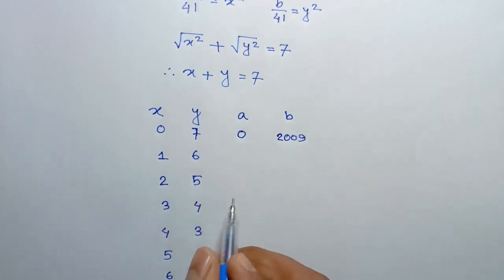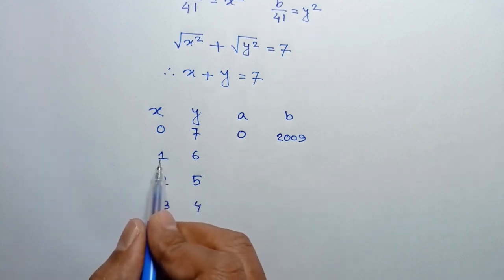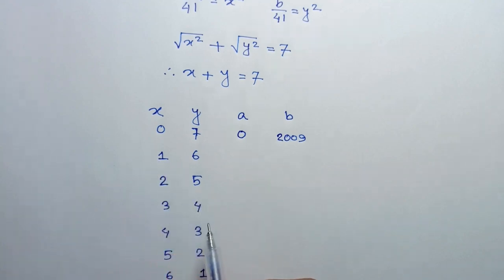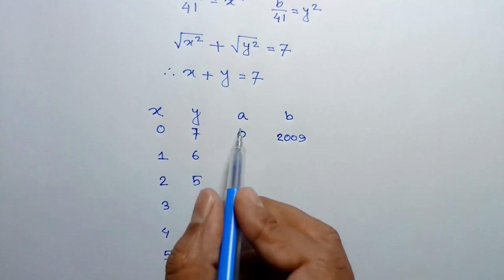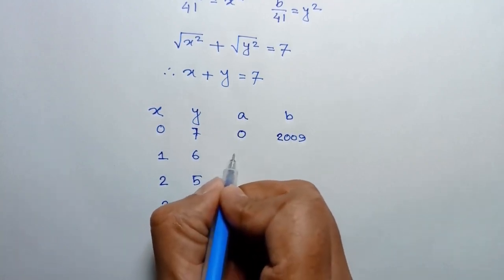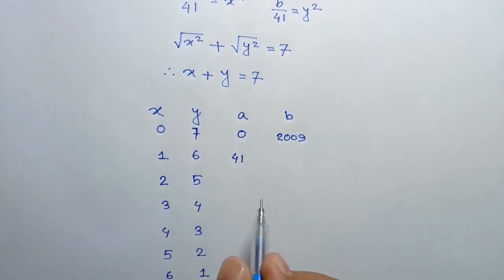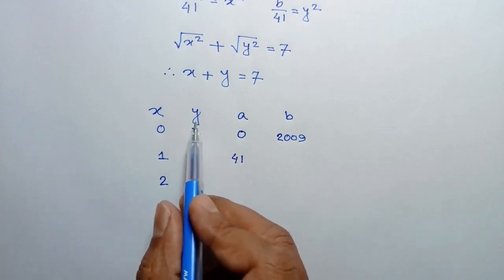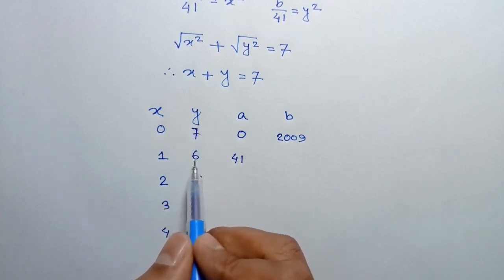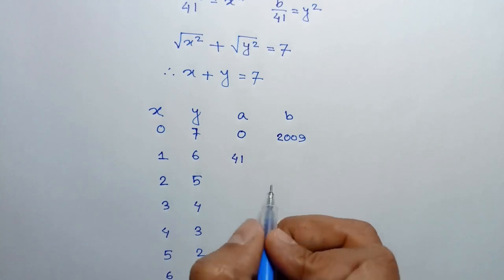And when x is equal to 1 and a is equal to 41 x square, the value of a will be 41.